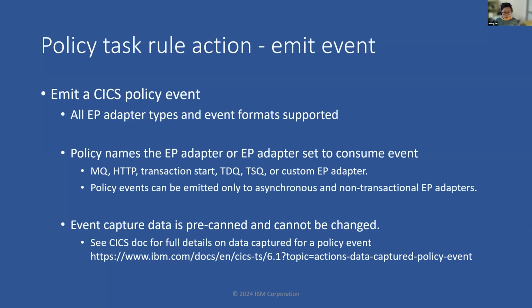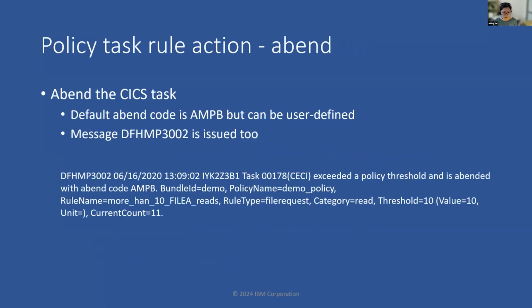Earlier, at the end of the business event section, we mentioned the synchronous and transactional characteristics of the event versus the task. But for policy, the event from a policy rule can only go to asynchronous and non-transactional EP adapters. This is because we do not want to hold on to any of your system tasks, for example CICS tasks, because the EP adapter characteristics are different. And the event from the CICS policy rule is pre-canned, so it cannot be changed or customized.